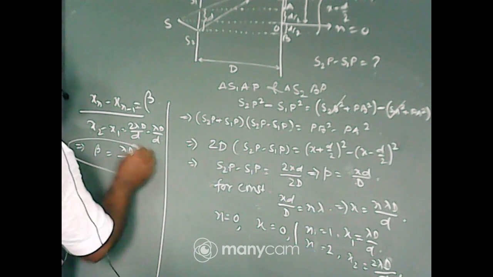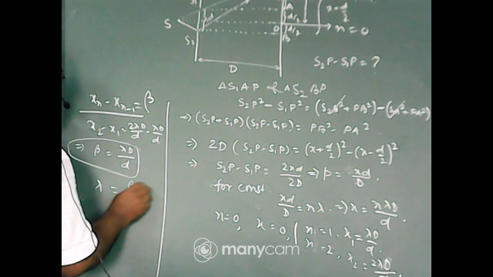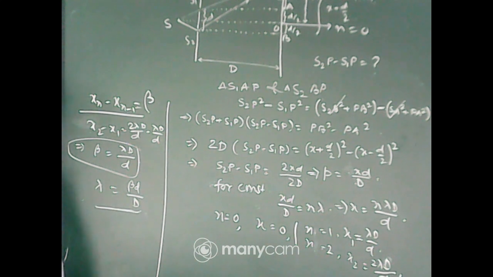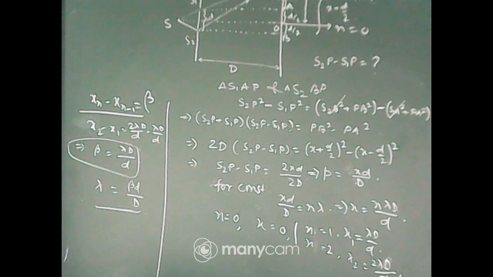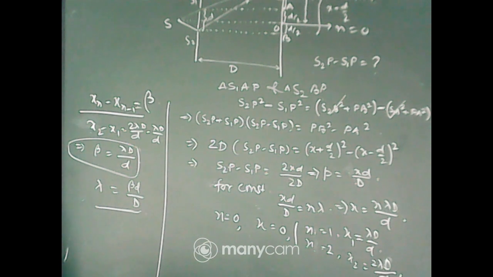You can find out the value of lambda equal to beta d by D. So my dear student, you check it for the bright fringe. For the bright fringe, that means the condition for the constructive. If you find out the destructive, that will also be correct.